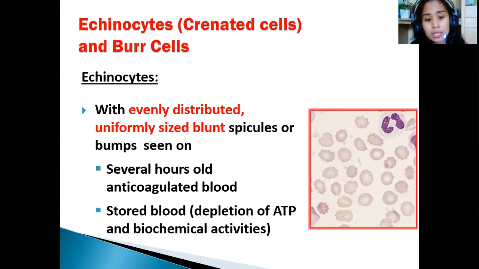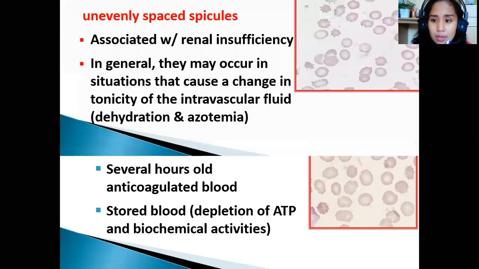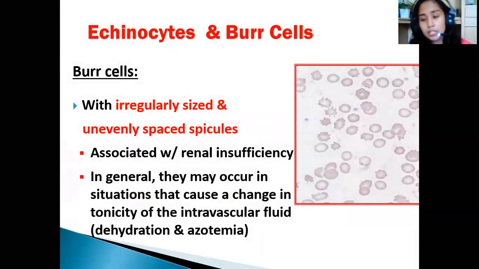It happens when your blood is placed in an anticoagulant for a very long time. For example, EDTA, if you make a smear after 4 hours. Also among stored blood: once you collect it from blood donors and store it for a very long time. Next, class, burr cells have irregularly sized and uneven spicules.